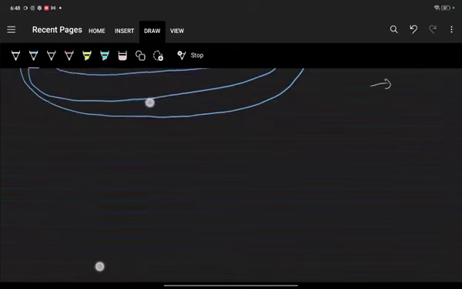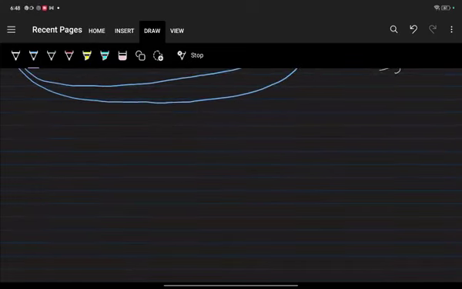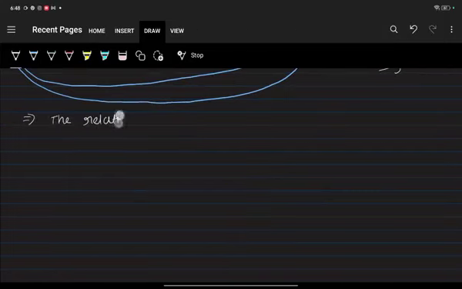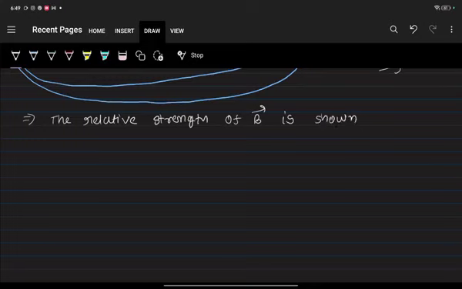So let me just write it in words that the relative strength of the magnetic field is shown by the degree of closeness of the field lines.